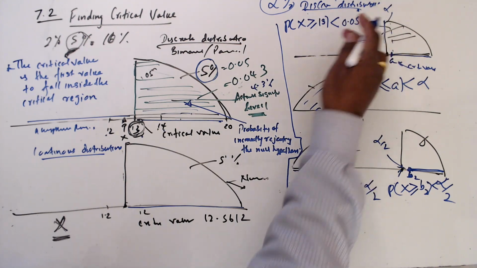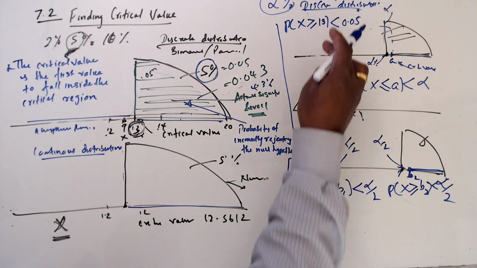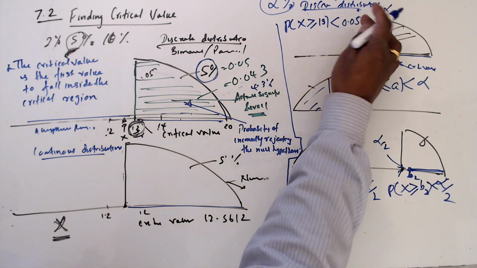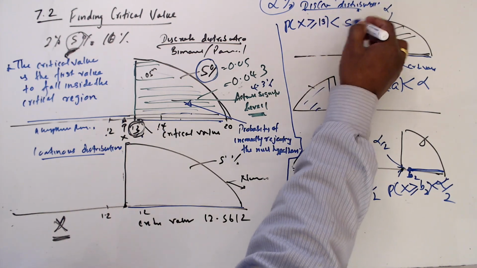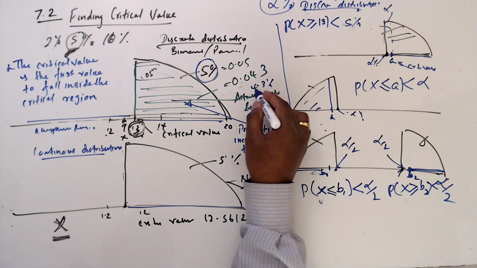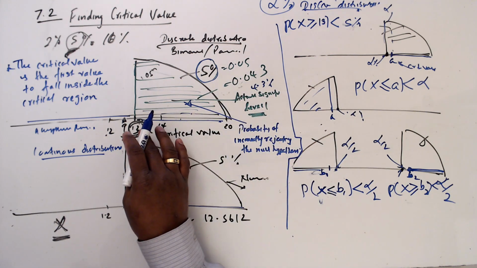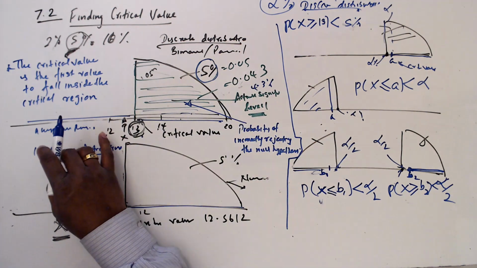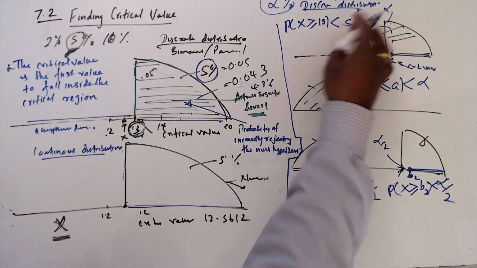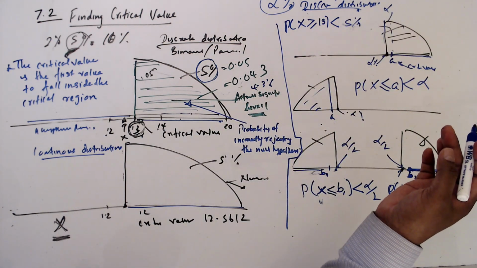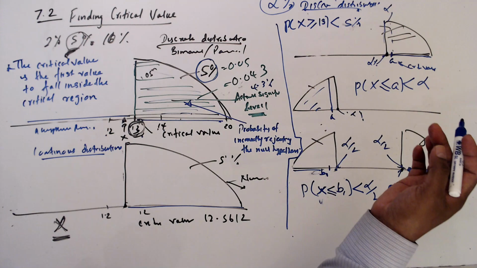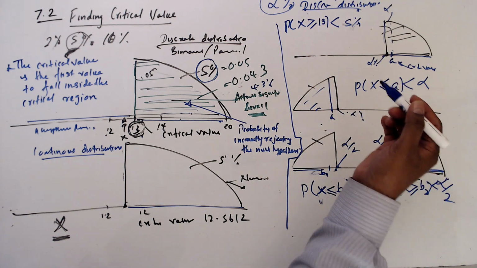We still stay with 0.05, 5%, because we know that if any value go beyond that, it is going to be more than 5%. So it means less than.